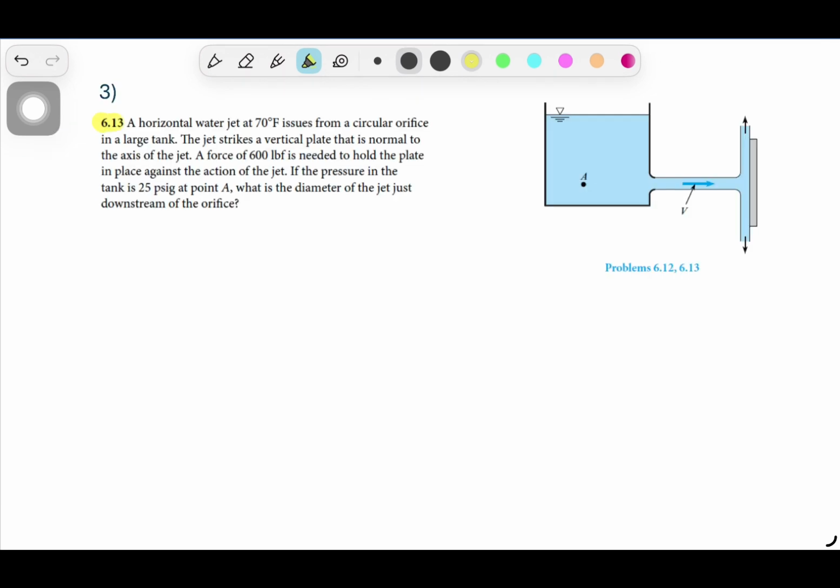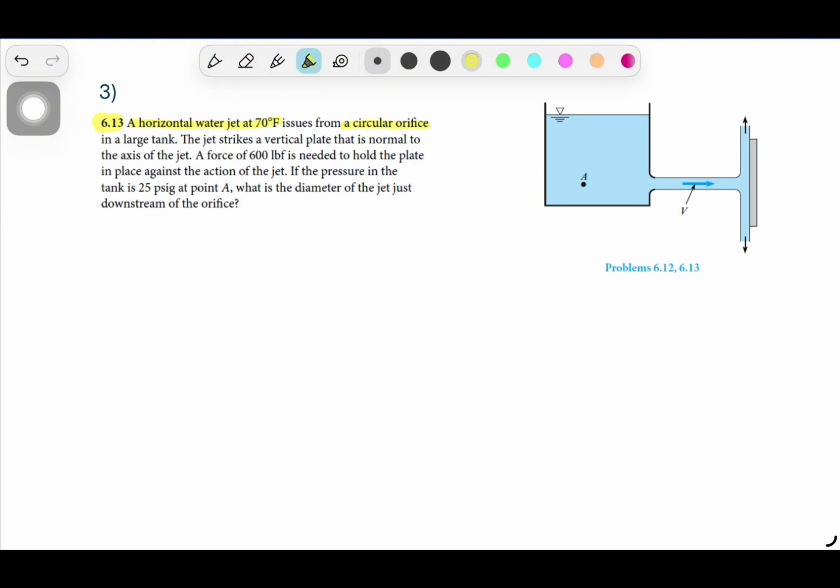Let's continue with question 6.13. Here we have a horizontal water jet at 70 Fahrenheit, and it issues from a circular orifice in a large tank. As we mentioned, we have this horizontal water jet, and this is the circular orifice.